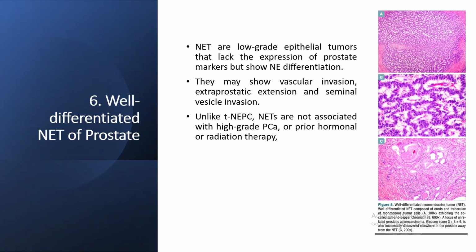So the invasion per se, whether extraprostatic or in the adjacent organ, does not confer the diagnosis of neuroendocrine prostatic carcinoma. It is a well-differentiated neuroendocrine tumor only, and morphologically we have to distinguish, because the neuroendocrine markers will be positive in this particular entity as well.